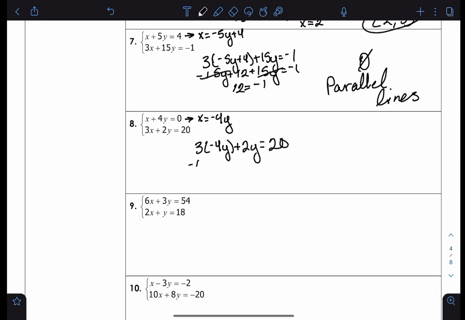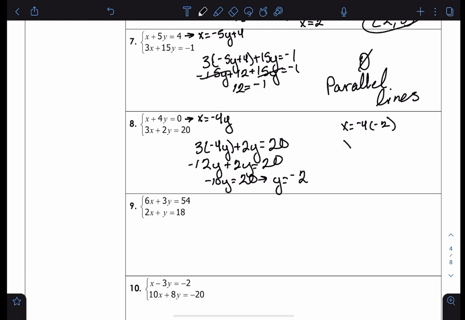Multiplying everything out, we'll have negative 12y plus 2y equals 20. Then x equals negative 4 times negative 2, which leaves us with x equals 8. So our final answer is going to be (8, negative 2).